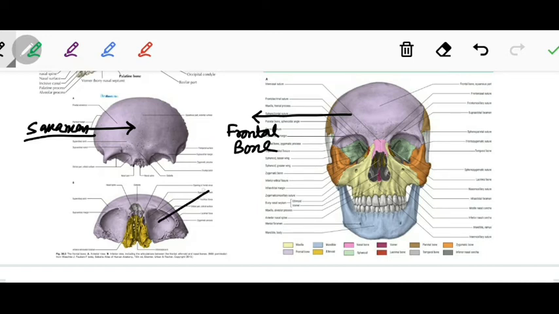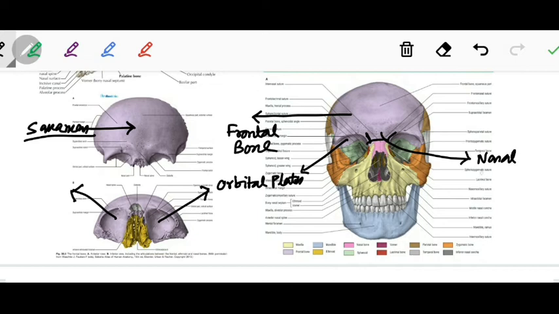The orbital plates, two on each side, form the roof of the orbital cavity. And a nasal part overlies the root of the nose in between the orbital plates.